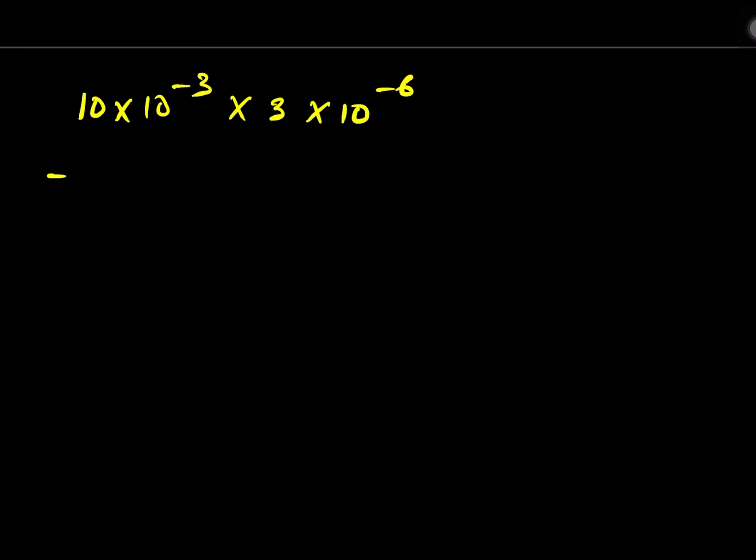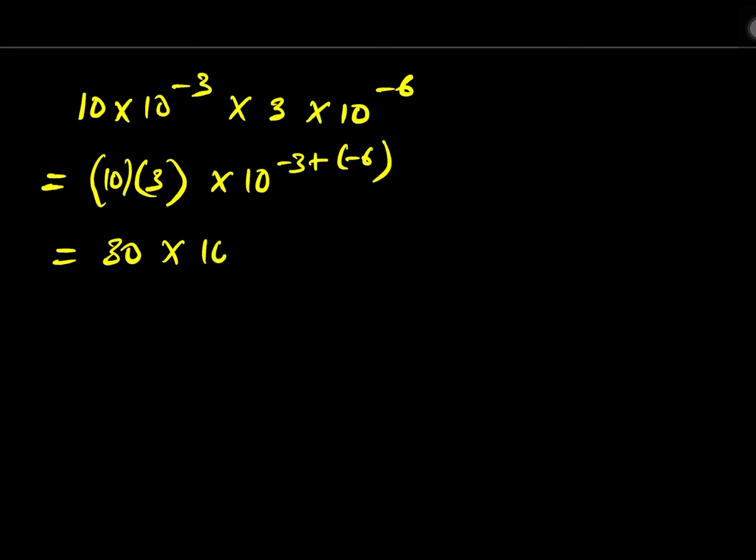Now pay attention. I'm going to add the exponents, which is negative 3 plus negative 6. You multiply the coefficients, which is 10 multiplied by 3. If you multiply these two, you're going to get 30 multiplied by 10. If you add the exponents, it's going to give you negative 9, okay?